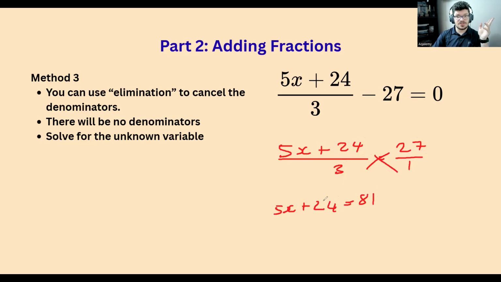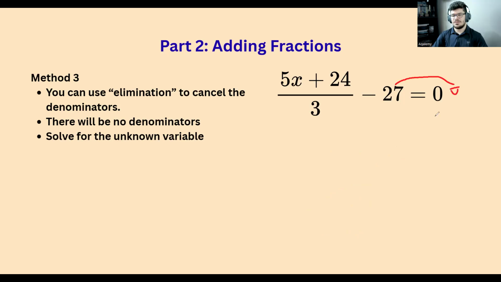Very similar to the previous question. The only difference is that now we just shift the 24. 5x is equal to 57, and you divide by 5 and it gives you the same answer. Or primarily, you could also go back to the standard way and equalize the denominators, make the adjustments by multiplying the numerator values with the changed denominator, cancel the denominator, express your equation through the numerator, and that's it.